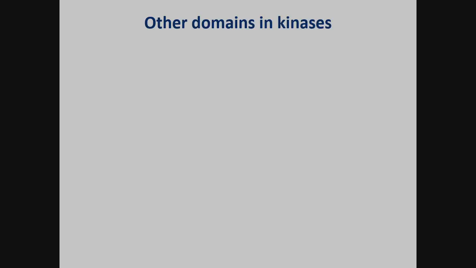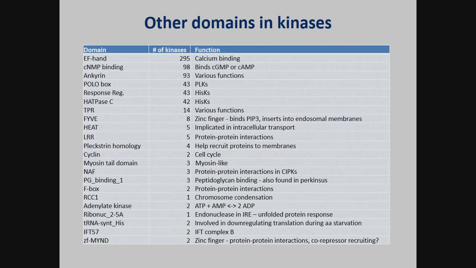So we looked at other protein domains present on kinases, and we find quite a number of other domains that are present on Stentor kinases. So there are some domains such as EF hands, which are used to bind calcium ions, which we find in quite a lot of Stentor kinases, and nucleotide binding domains, which we expect to find.